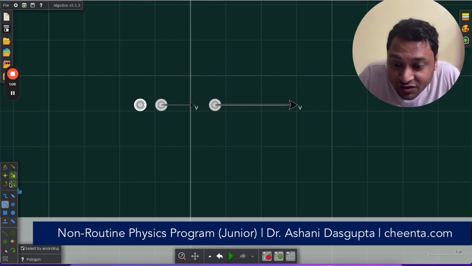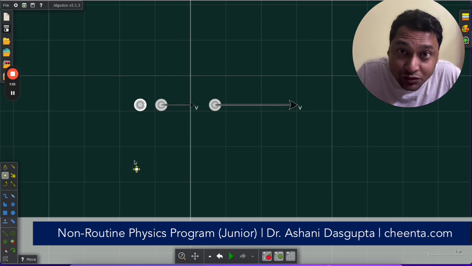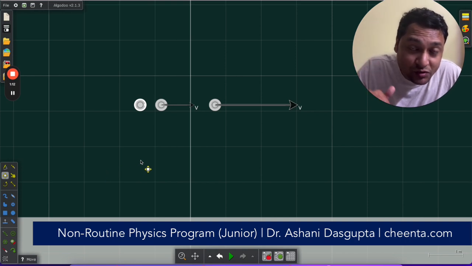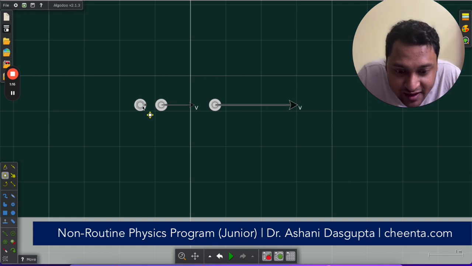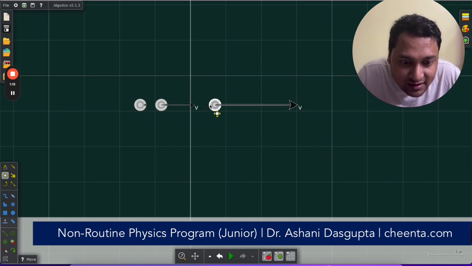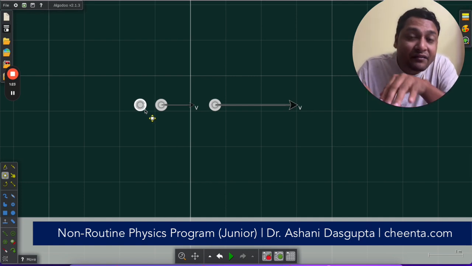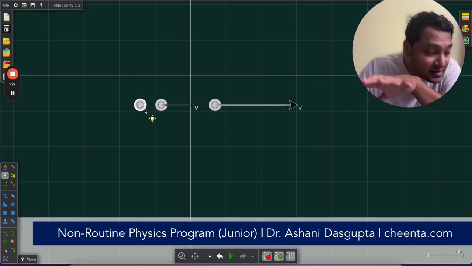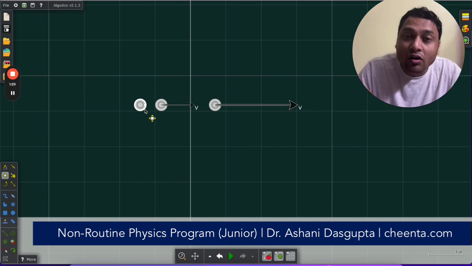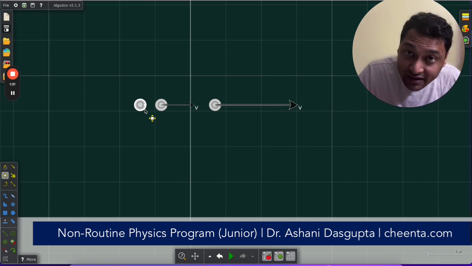This is of course using a software called Algodo. I put the link in the description. Very interesting software. So here we have three balls. One of them does not have any horizontal velocity, so it doesn't have any component that goes toward the right.